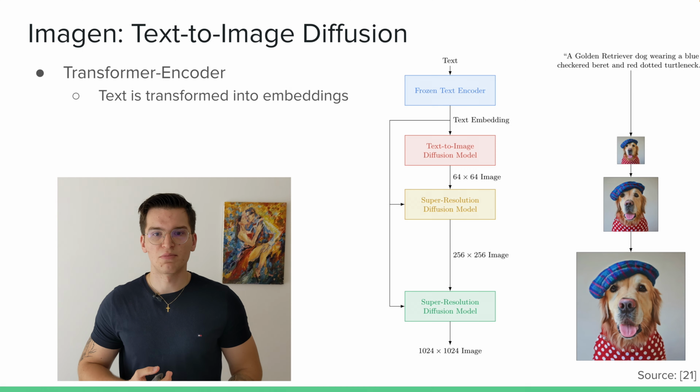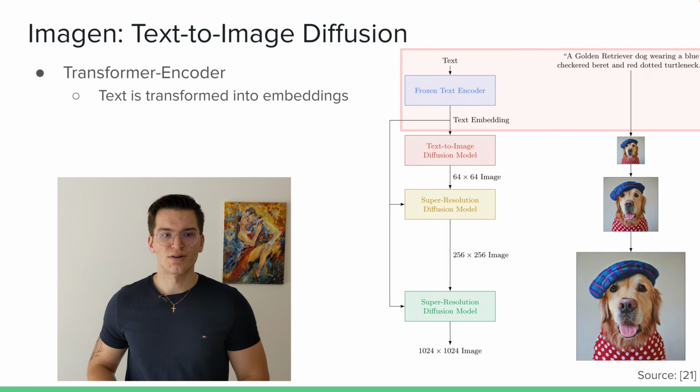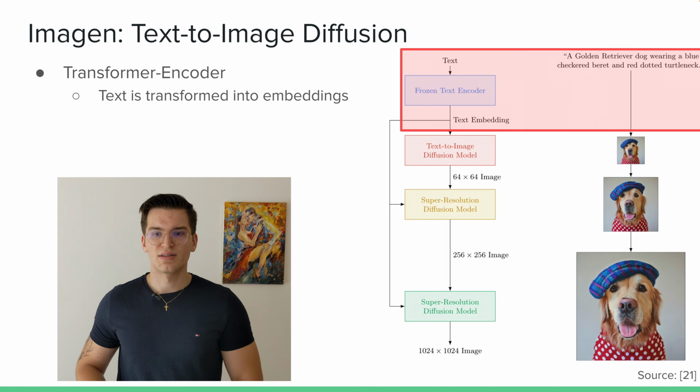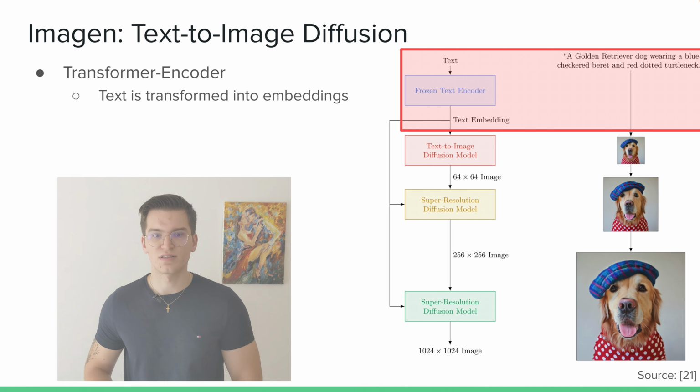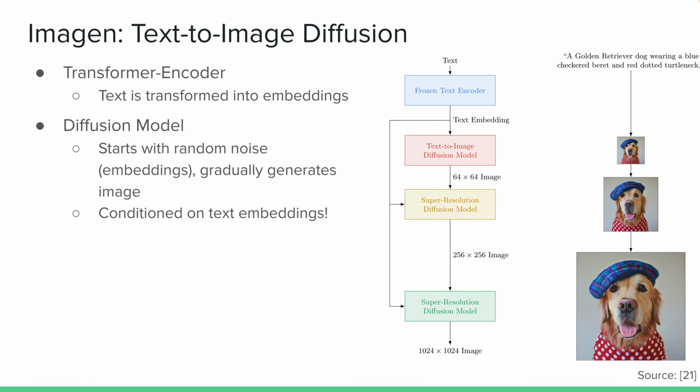Let's dive into an example of what multimodal LLMs may look like by focusing on a text-to-image diffusion model called Imagen. We start with a transformer model. The text input is transformed into embeddings, ensuring that text information is captured and encoded as meaningful numerical representations. As a decoder, we have a diffusion model.